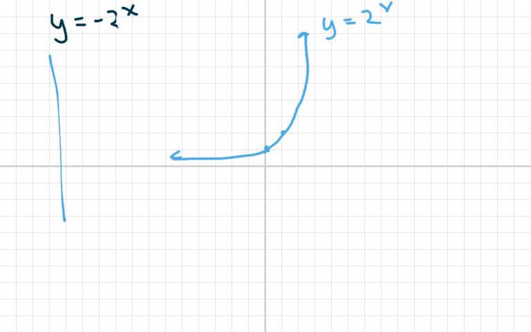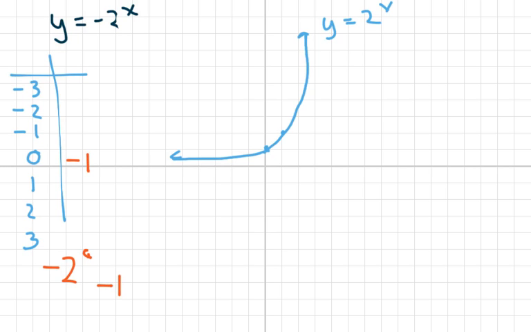do a table here. We're going to do -3, -2, -1, 0, 1, 2, and 3. So basically, remember PEMDAS. So I always like to do the y-intercept first. So -2 to the 0. You have to do the exponent first. So 2 to the 0 is 1, so you get -1. Alright?